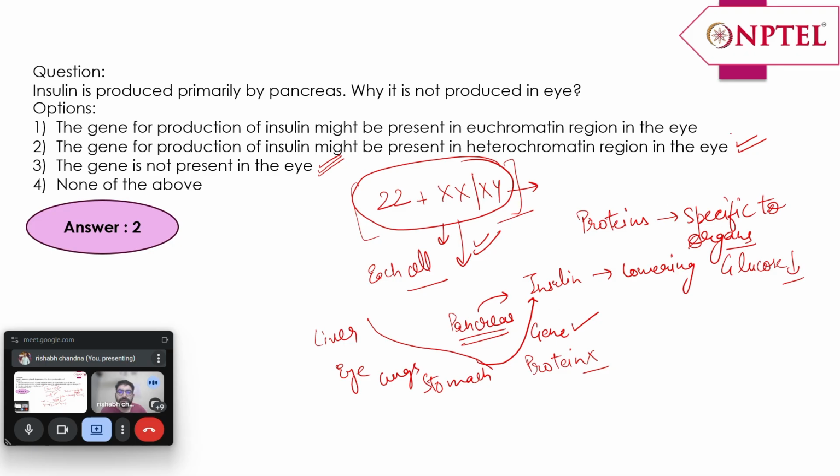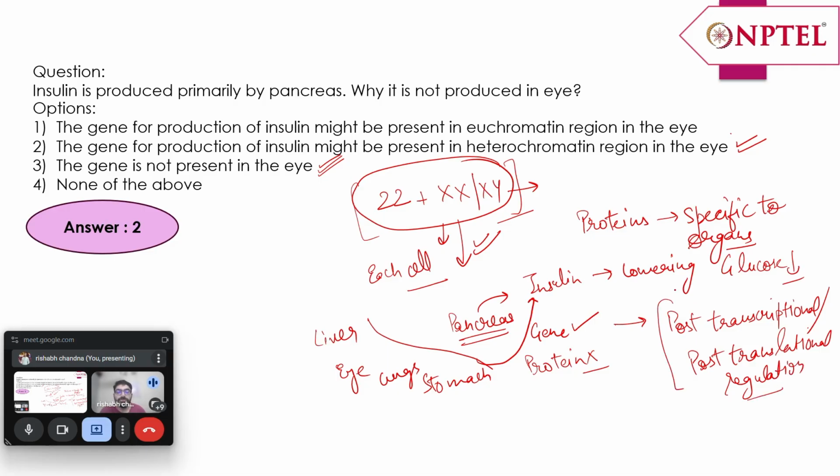Why? In that case, what happens? The body or the cell has evolved a mechanism so that each gene specific to any organ will not be produced in the other organs, and that is due to post-transcriptional or post-translational regulation. So any gene that does not have any function in a particular organ will not be produced in that organ, because the cell will arrange the gene in the heterochromatin region.